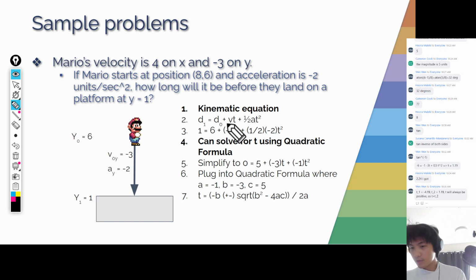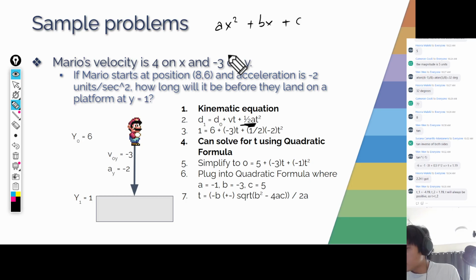Okay, so this is probably why you guys have some potentially different numbers, but we'll see. Half at squared is what we use for the kinematic equation, where a is our acceleration parameter, and that's the one that goes next to t squared. If you know your quadratic equation, it goes like ax squared plus bx plus c.